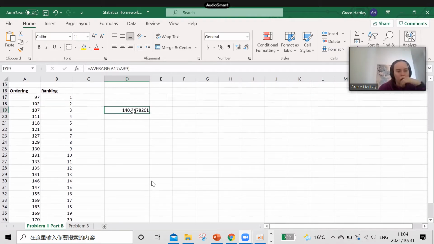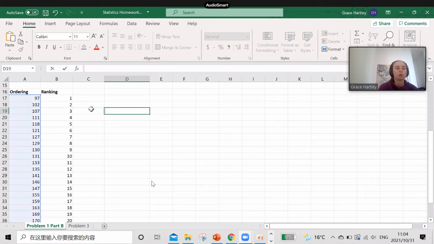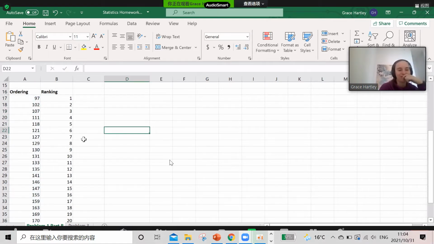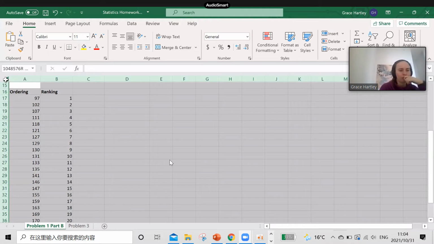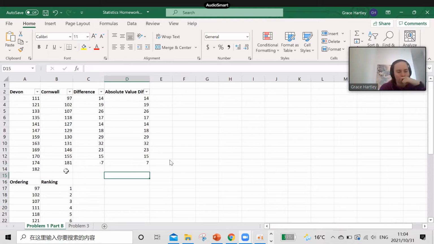So I expect, why are these not the actual rank? Here I expect the mean of Devon is 132, right? That's my expectation. But what is the real thing? What is the real rank of Devon's?